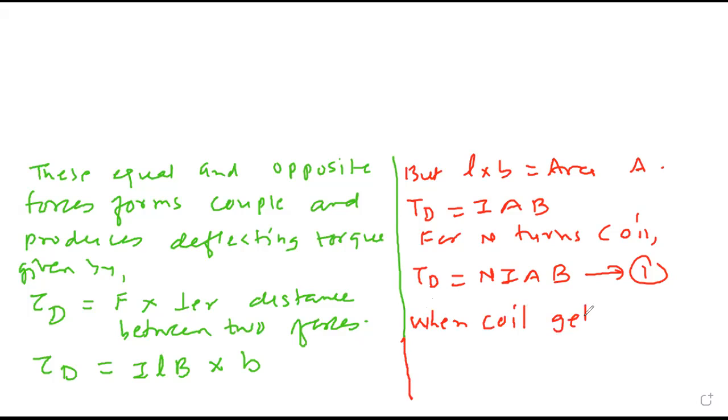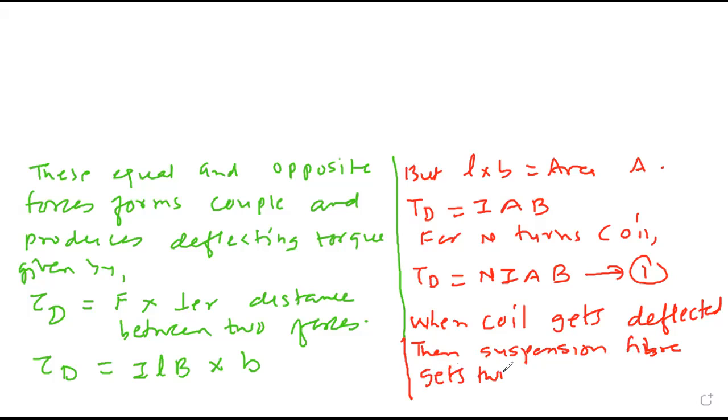When coil gets deflected, then the suspension fiber gets twisted, because when the coil gets deflected, the upper wire will twist, gets twisted and produces restoring torque.